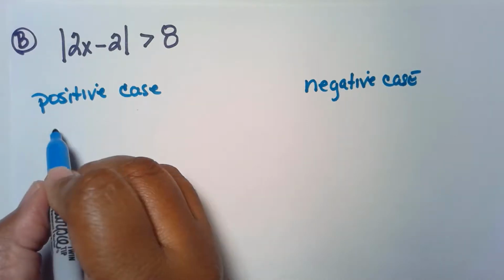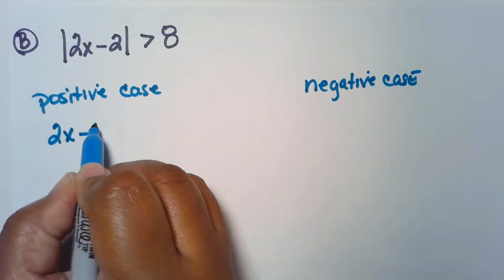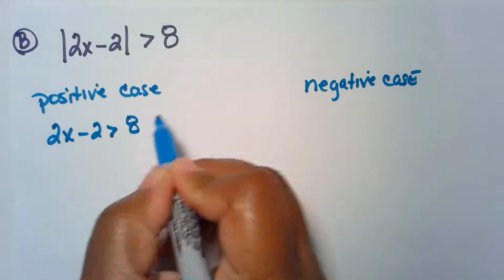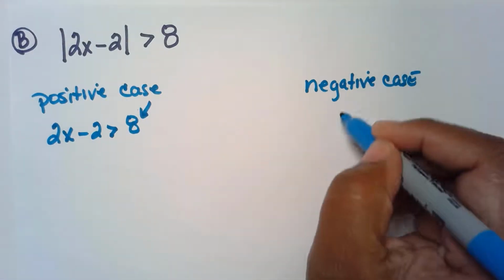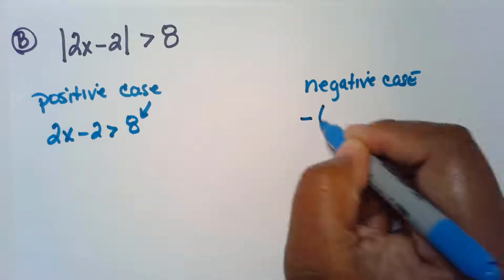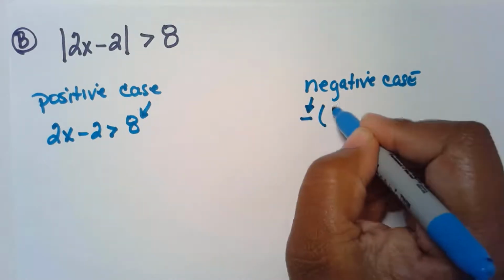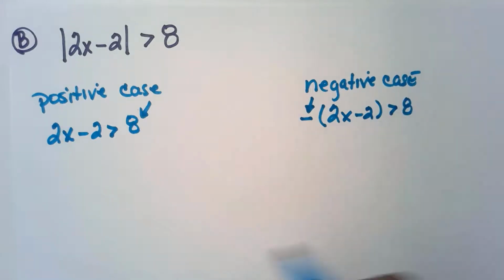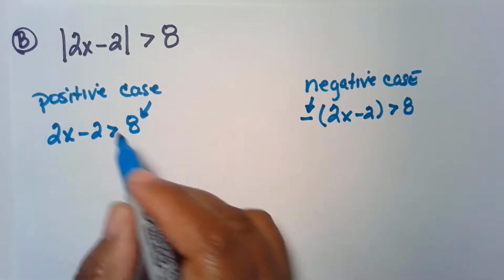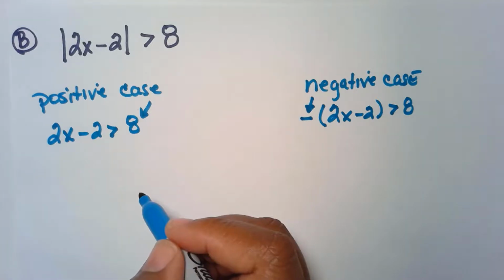So the positive case, we have 2x minus 2 greater than 8. And then the negative case, negative times 2x minus 2 is greater than 8. Then we solve each inequality.